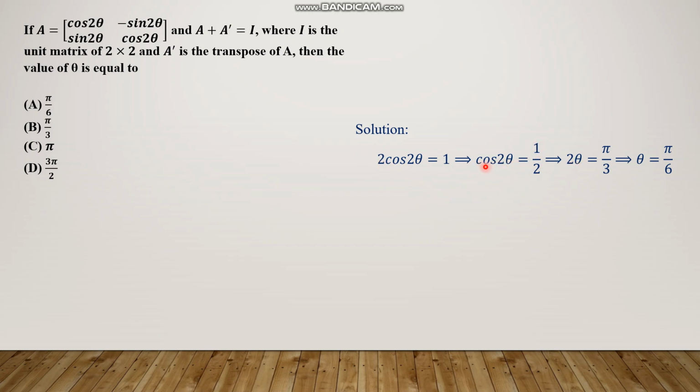And for 2 theta, if you take cos to the right, it is cos inverse of 1 by 2. Cos inverse of 1 by 2, as we know, is pi by 3, 60 degrees. If 2 theta is pi by 3, then obviously theta will be, when you take 2 to the right side, 2 into 3, so pi by 6. So it's option A, pi by 6 will be the answer.